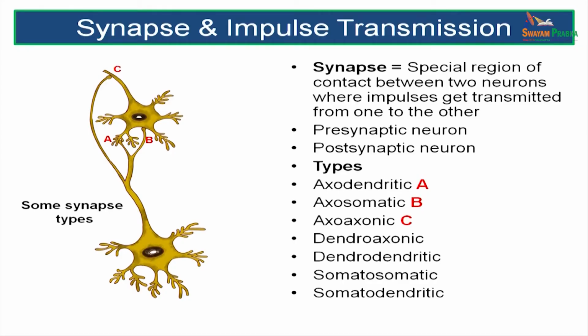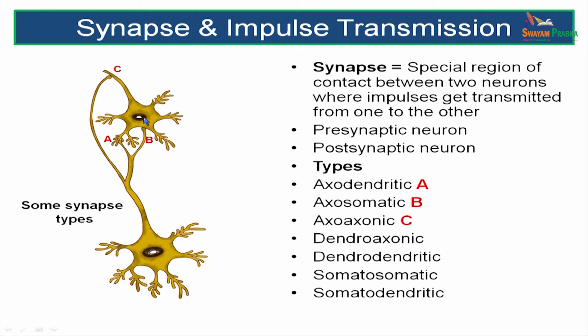Let's look at some types of synapses. They can be axodendritic. So if you look at this multipolar neuron, this is the axon of the multipolar neuron, and this axon is meeting the dendrite. So this becomes an axodendritic type of synapse. The second type is an axosomatic. That means the axon meets the nerve cell body.